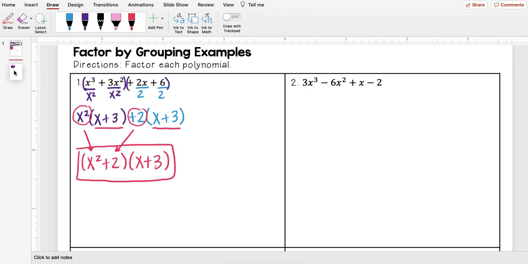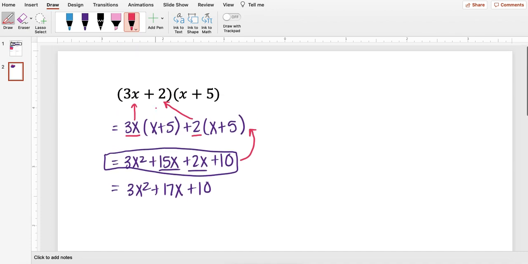So now going back to that multiplying example, we see we did all of these steps backwards. We started with these 4 terms. We went to here where the GCF was factored out from both, and then they went into their own parentheses.